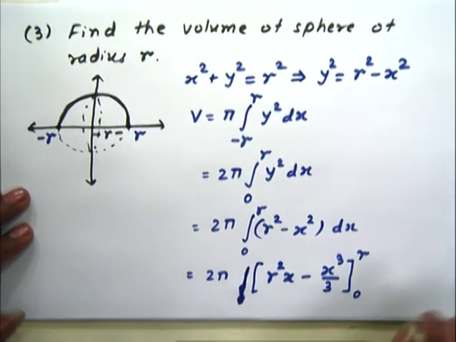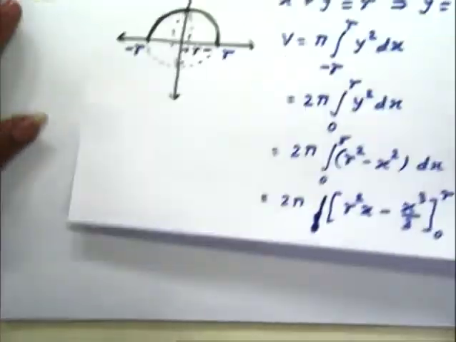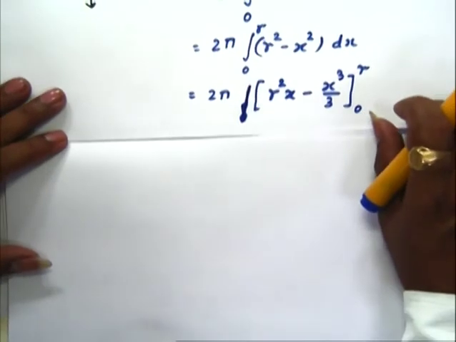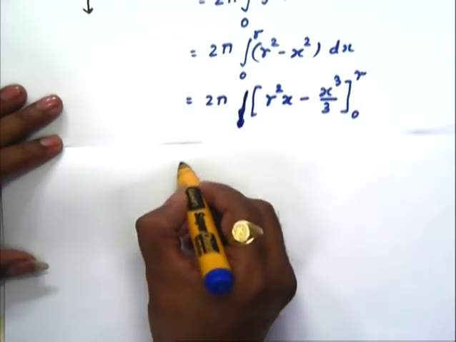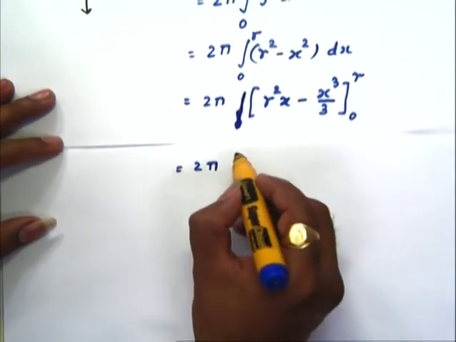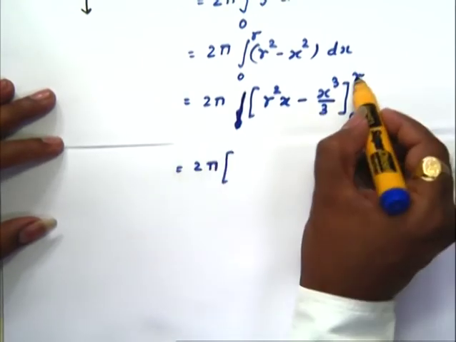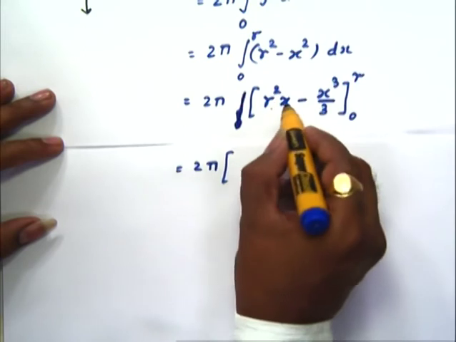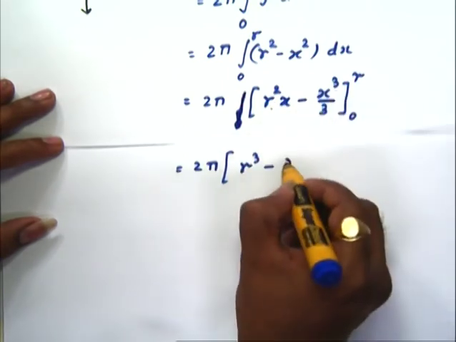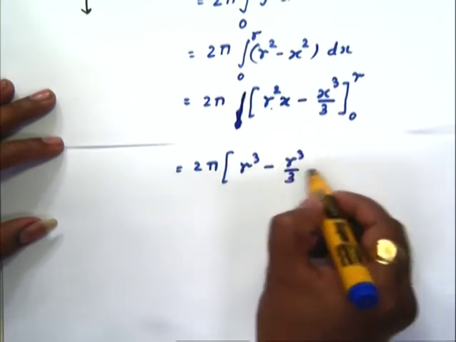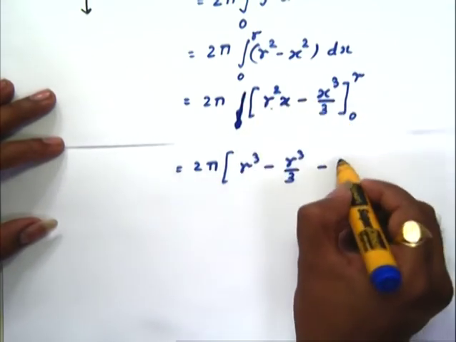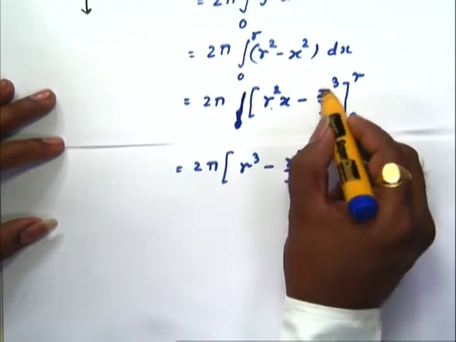Okay, so this is equal to 2 pi, substitute r here, so r square into r is r cube, minus again r here, so r cube by 3, minus, if you put 0 in place of x, so r square into 0 is 0, plus 0 cube by 3 is 0.